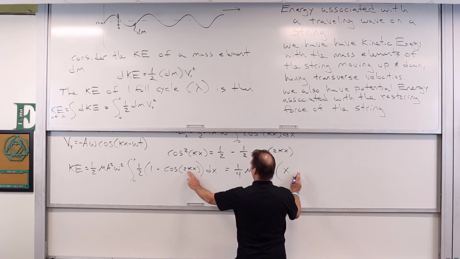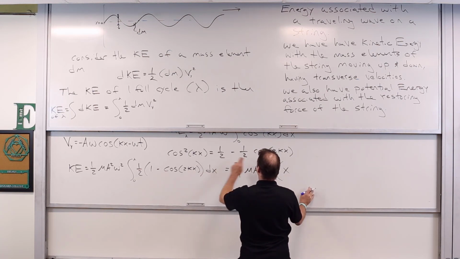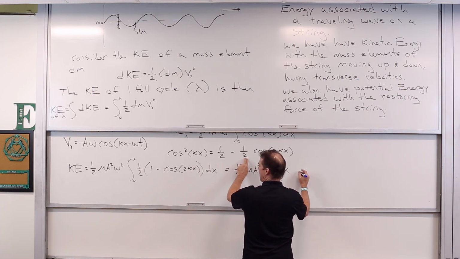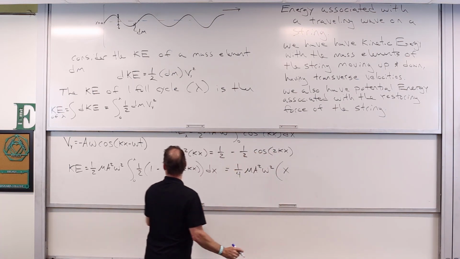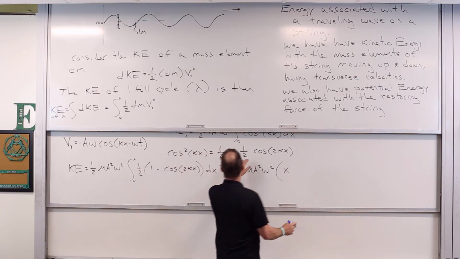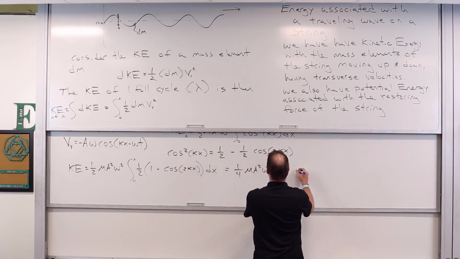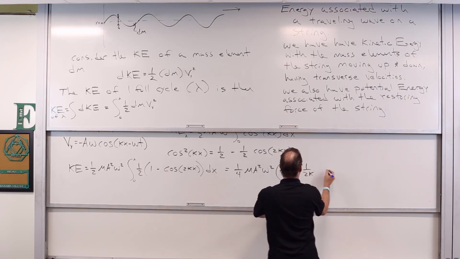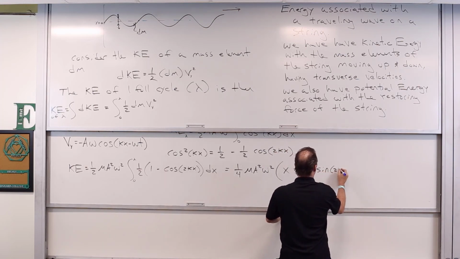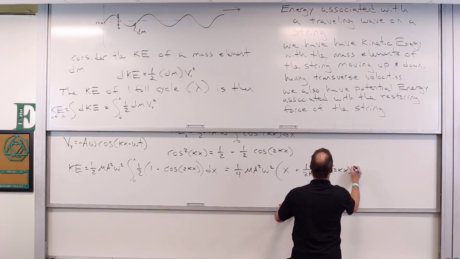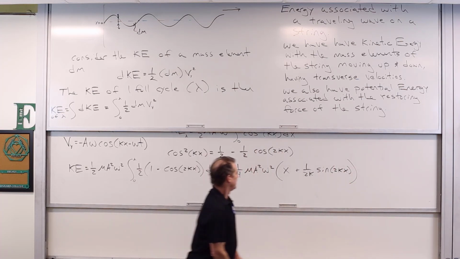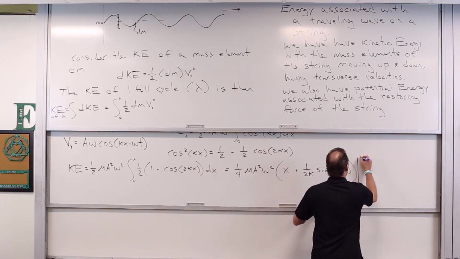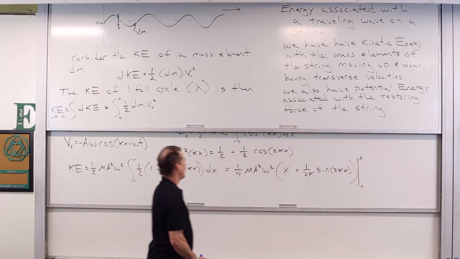Well, we get a 1 over 2k out of this. This turns to a positive sign. We don't need the other 1/2, we already factored that out. So we've got plus 1 over 2k times the sine of 2kx, and then this is evaluated from 0 to lambda.